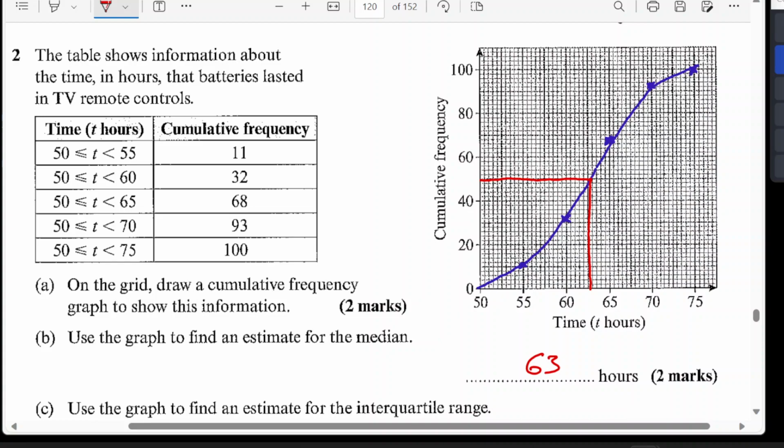And then find an estimate for the interquartile range. So I'm going to go 25, and 75, and then read those two values off.